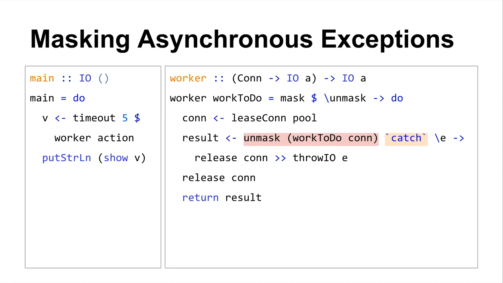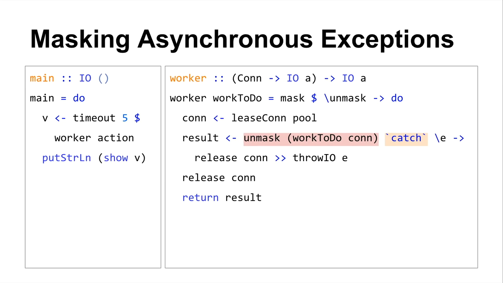So the use case you were describing was that in this case now, we would still have a chance to release our resources even if the exception happened. Yeah, exactly. Let's say that this little guy timed out and signaled to this other guy that it was time to be done.